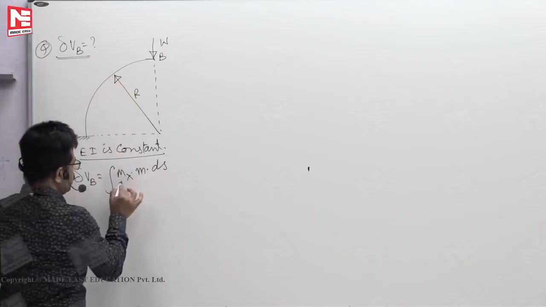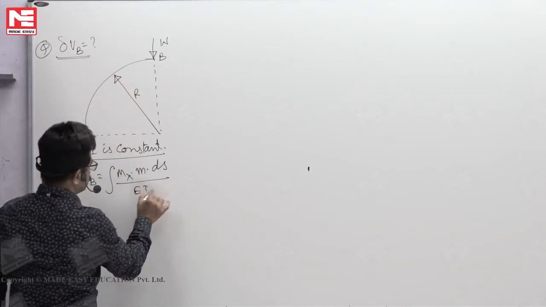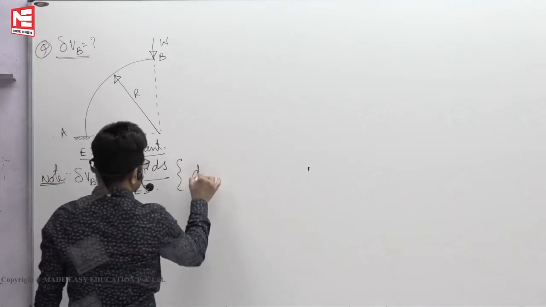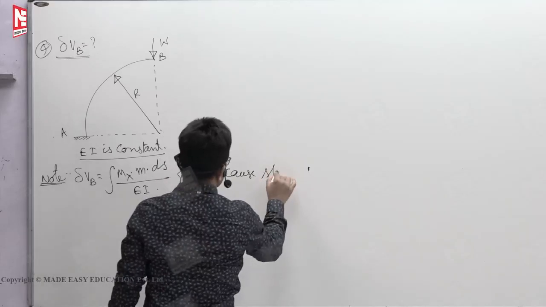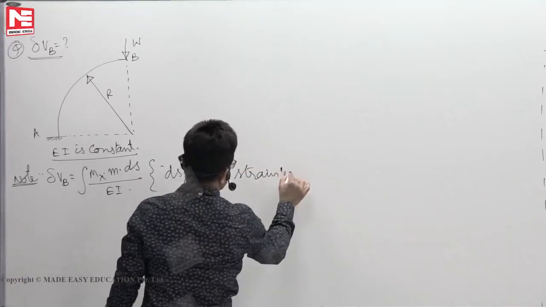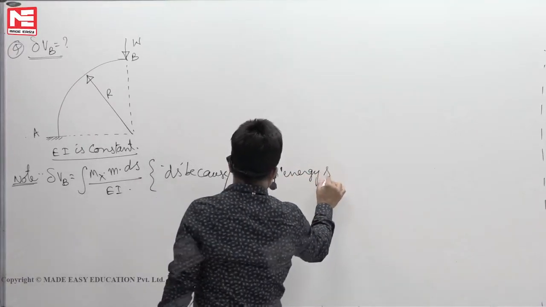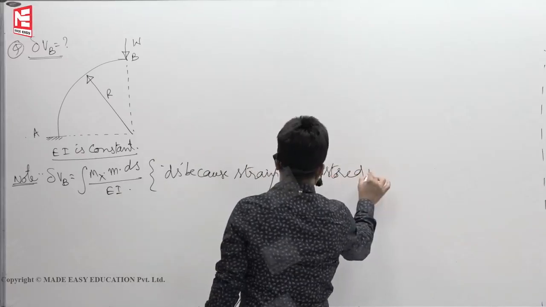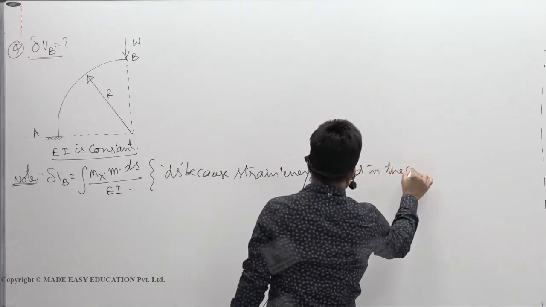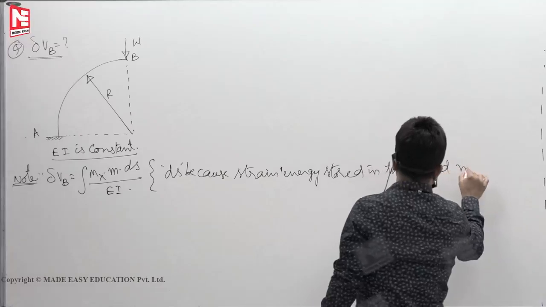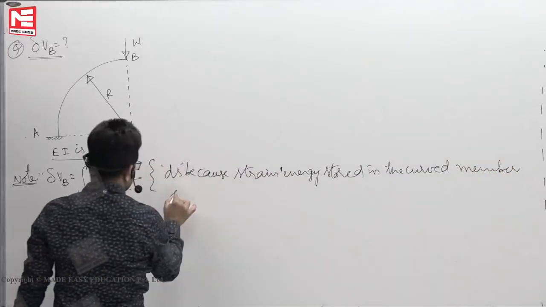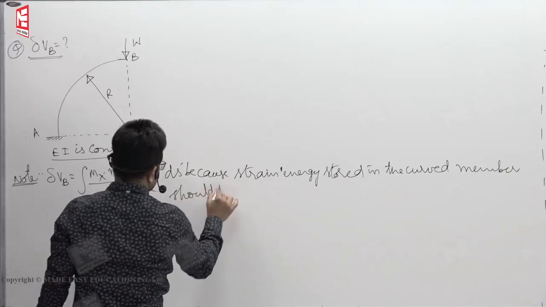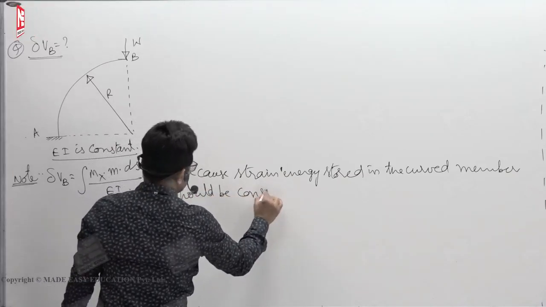So Mx into m into ds by EI. ds, because the strain energy stored in the curved member should be considered.